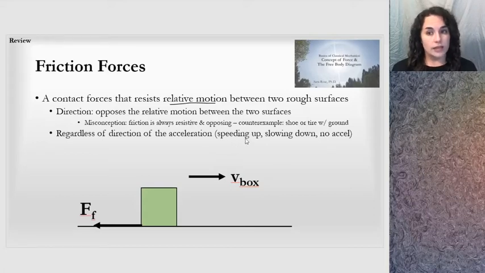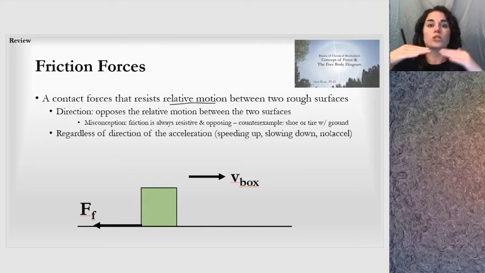And so again, if it's speeding up or slowing down or no acceleration, we consider the relative motion between the two surfaces. So if two surfaces are at rest with one another and there's no acceleration, we can imagine which direction the frictional force would be if the two surfaces were to slide relative to one another.